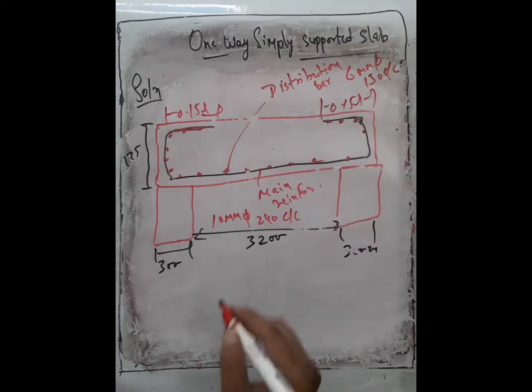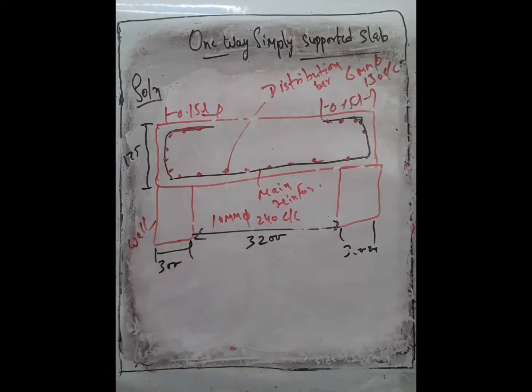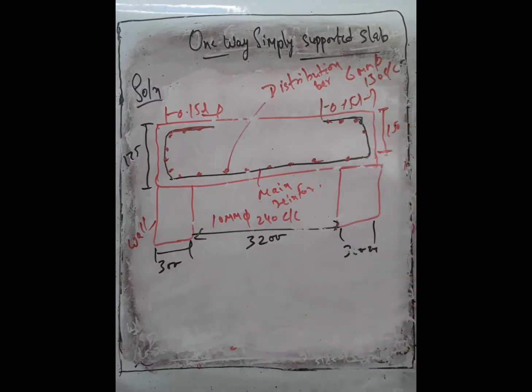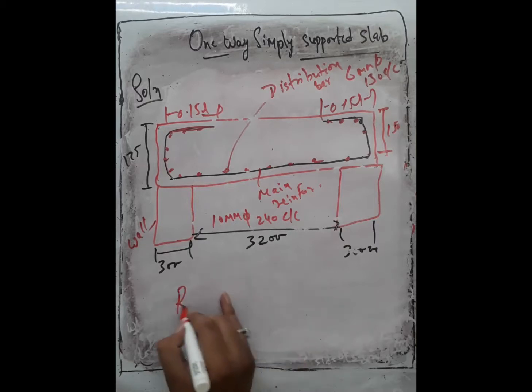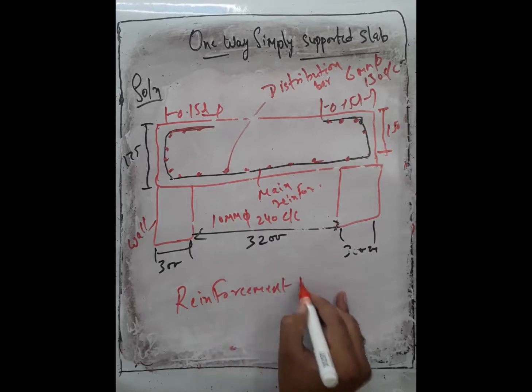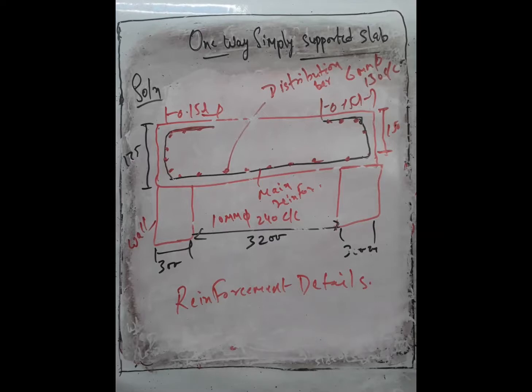Okay, this is our wall, and from this point to this point is our effective depth, which is 150. So in this way we have done the reinforcement detailing. In this way you have to design the simply supported one way slab.